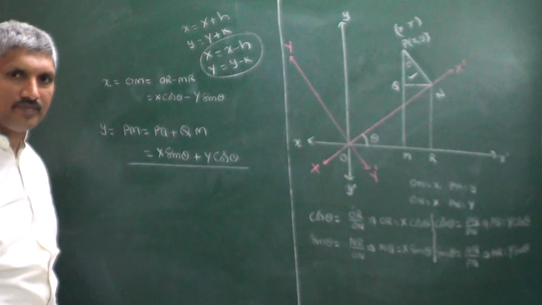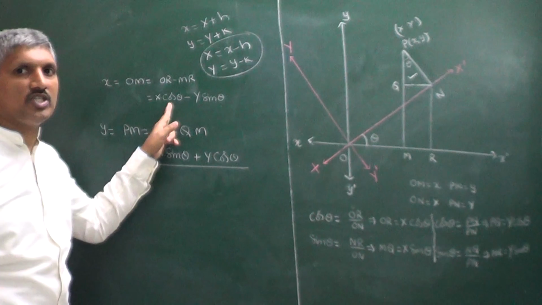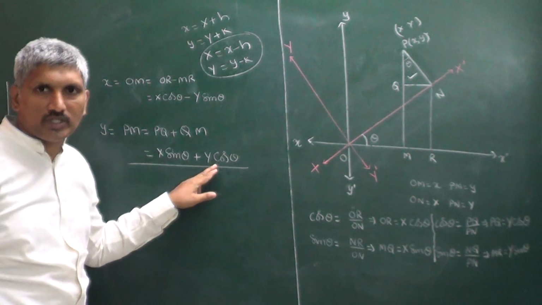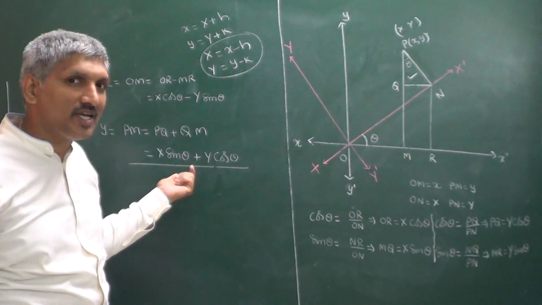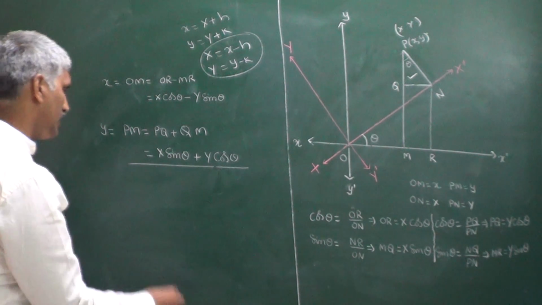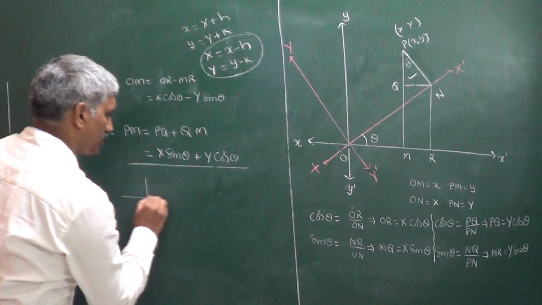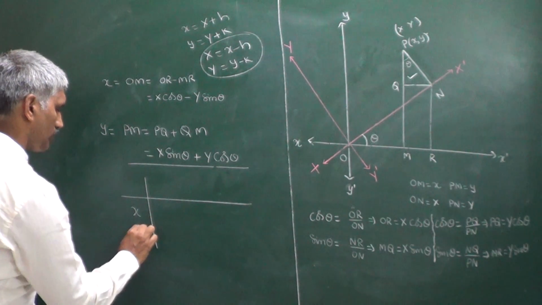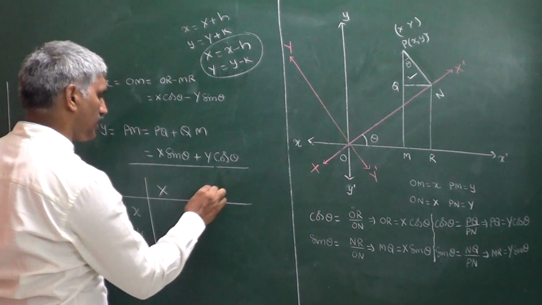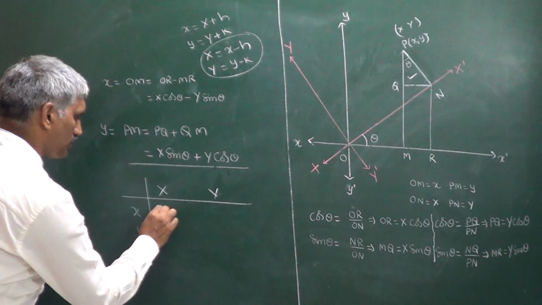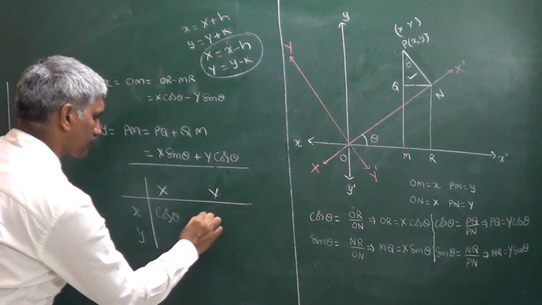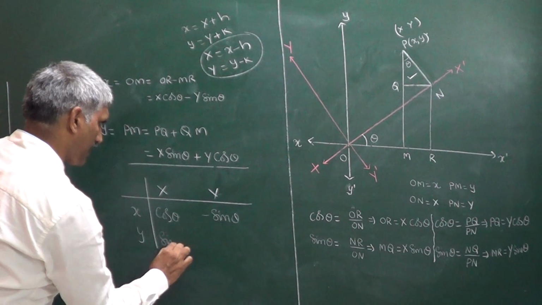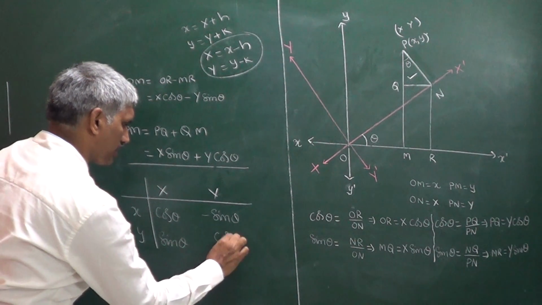But here x = X cos theta - Y sin theta, y = X sin theta + Y cos theta. So that's why we can remember this easily. Here we have x, y, and write down here capital X and capital Y. This is cos theta, minus sin theta. Next one is here sin theta and cos theta.